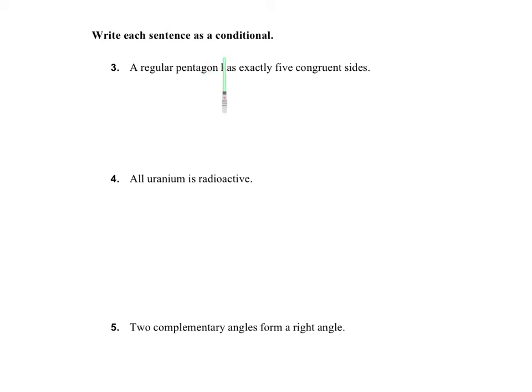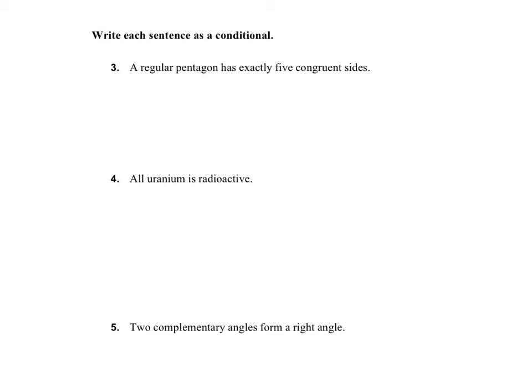Now we're going to write a conditional, again an if-then statement, with this information that I have right here. It says a regular pentagon has exactly 5 congruent sides. So we're going to start with the if part.